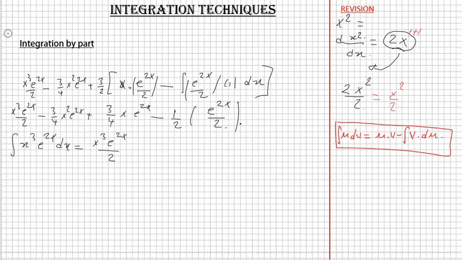I'm just copying what I have here, minus 3 over 4 x to the power of 2 e to the power of 2x plus 3 over 4 x multiplied by e to the power of 2x minus, so these two give 4, e to the power of 2x over 4.